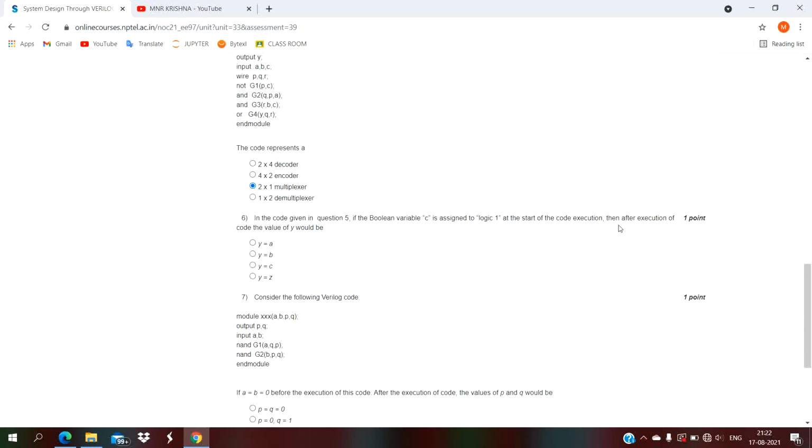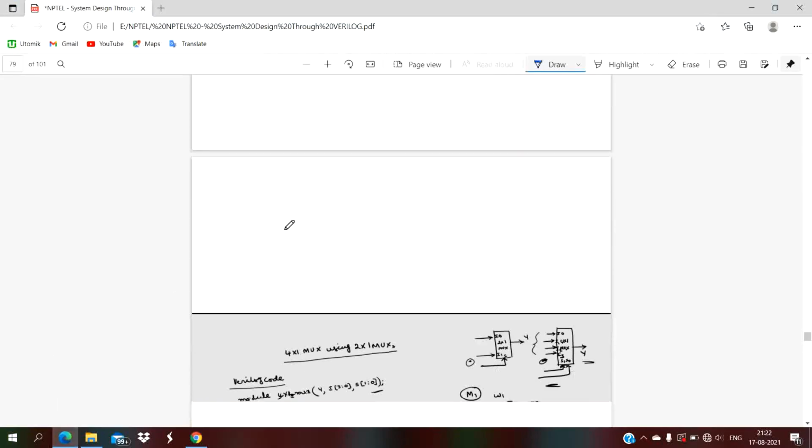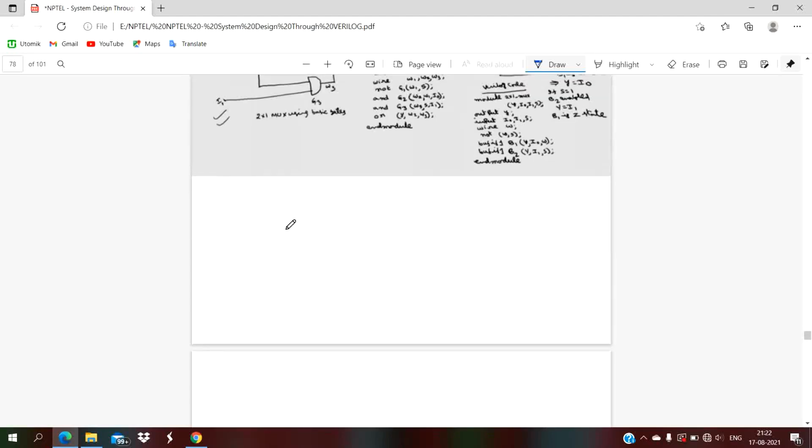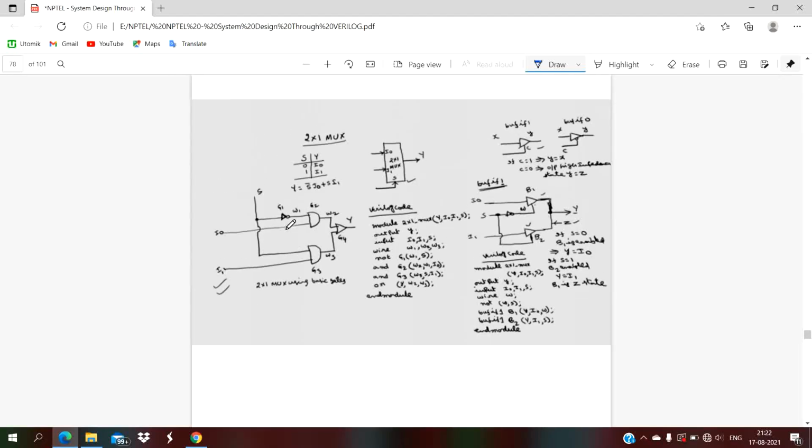Then after execution of the code, the value of Y would be... Here two inputs are I0, I1. Output is only 1. The enable is named S.